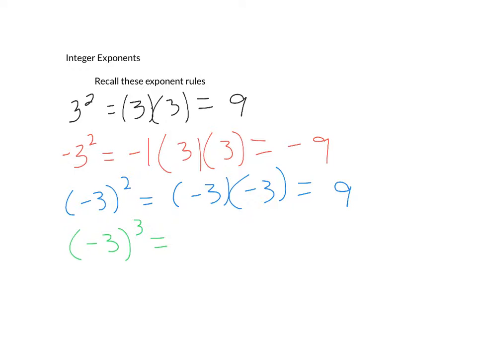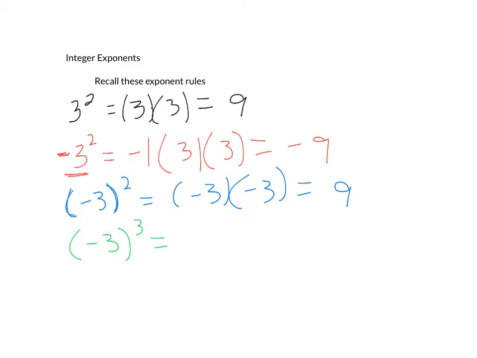Because of these parentheses, the whole base, negative 3, is what needs to be multiplied by itself. In the one above, really the only thing being affected by that exponent of 2 is the 3. The negative is considered separate, which is why I think of it as negative 1 times 3 times 3.